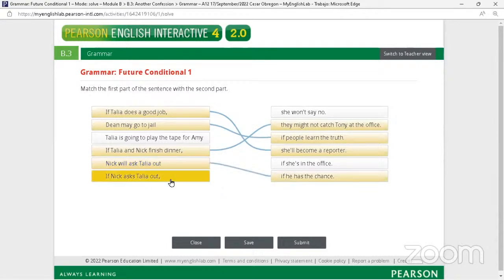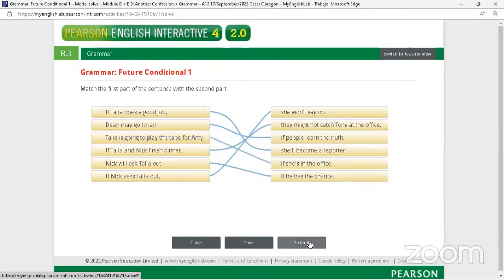Thank you. If Nick asks Talia out, okay, es lo contrario, maybe she won't say no. And Talia is going to play the tape for Amy if she's in the office.